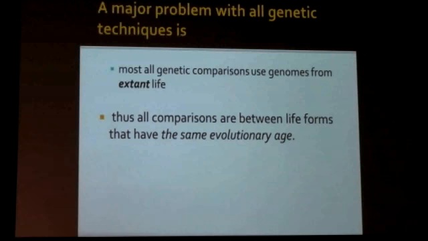So the problem with genetic comparisons is that the genomes we compare by and large today are from living life, not extinct life. That is the source of the comparisons. The only way to do this accurately is to make comparisons between life forms that have the same evolutionary age.